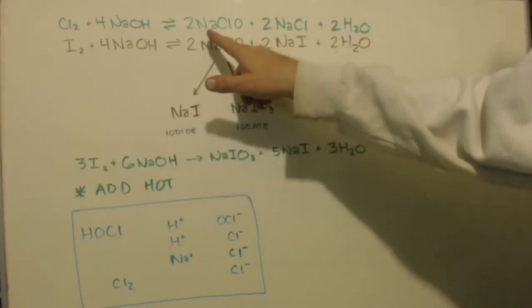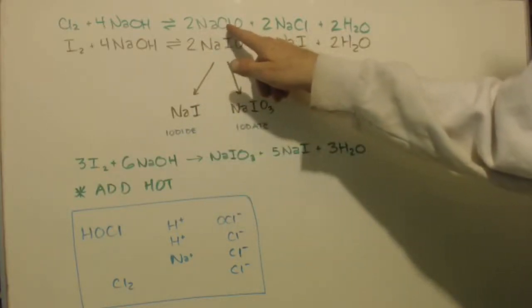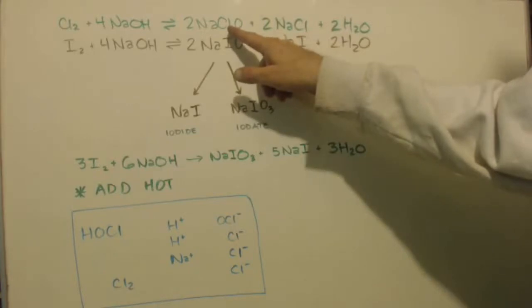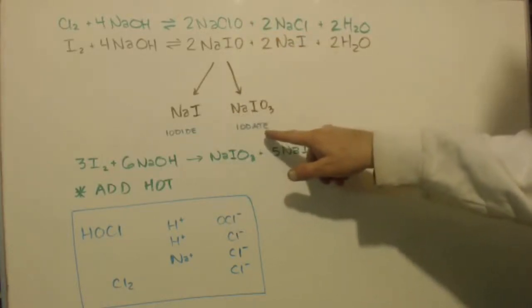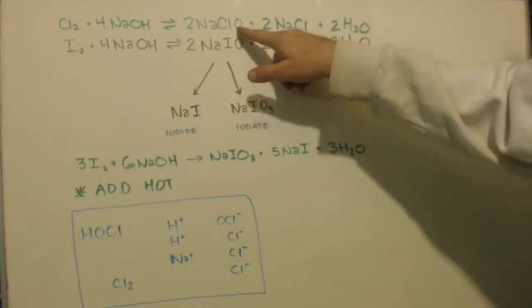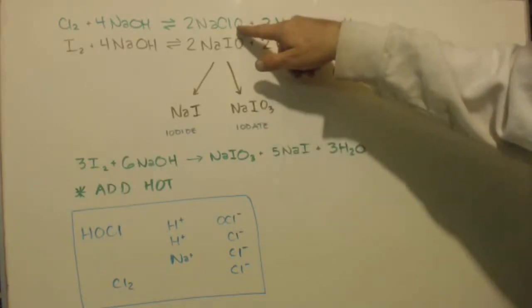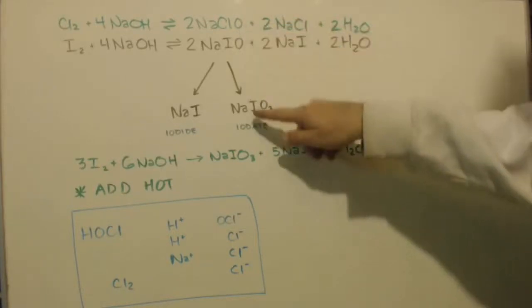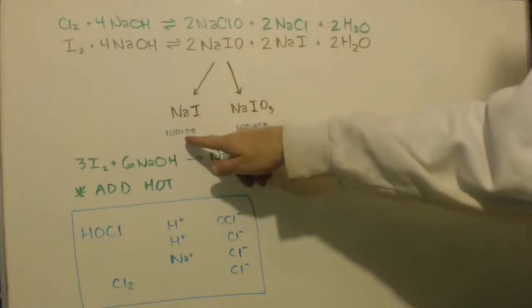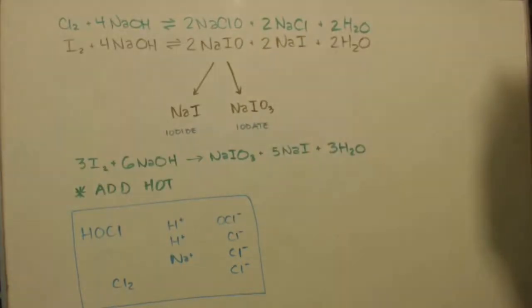You would have a sodium chloride that lost the oxygen, so it got reduced, and then you'd have a sodium chlorate that ends up with 3 O's instead of 1. See how this only has 1? It ends up with 3, so it gets oxidized. One gets oxidized, one gets reduced. Disproportionation.